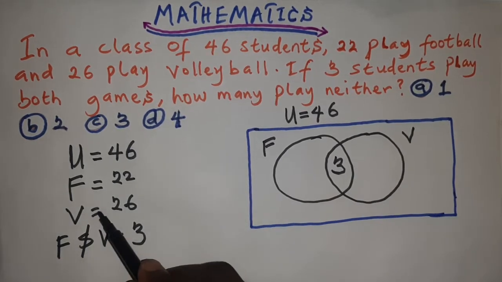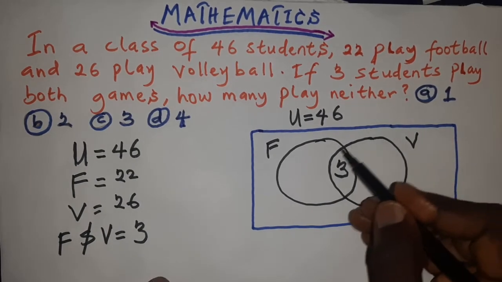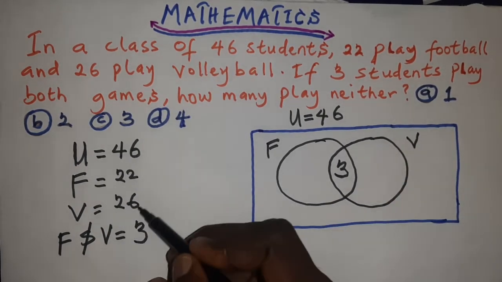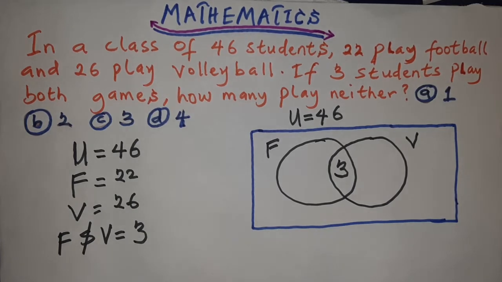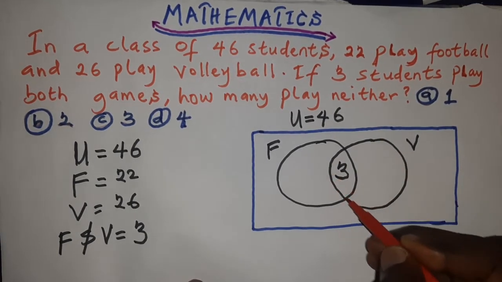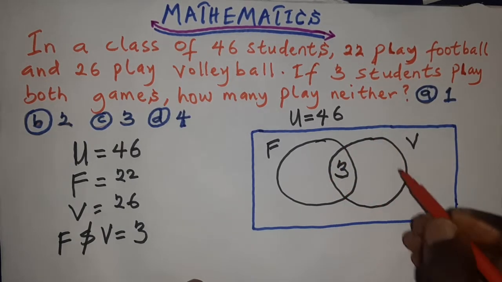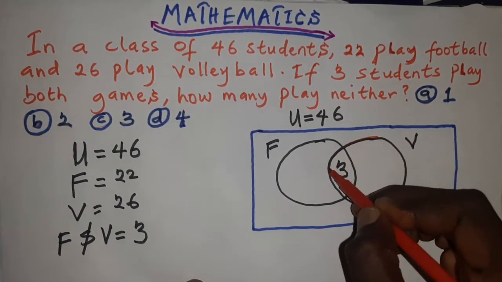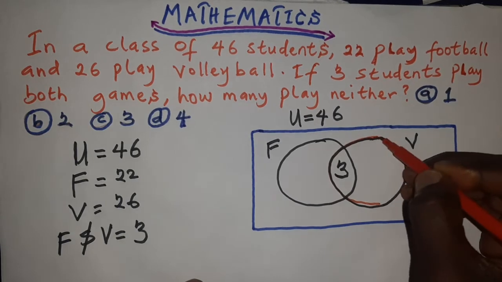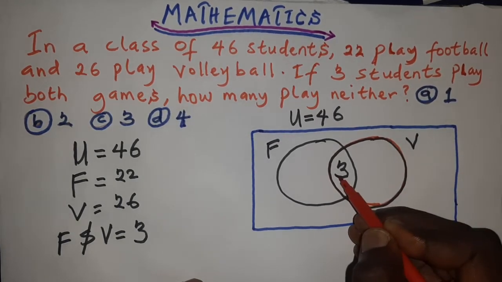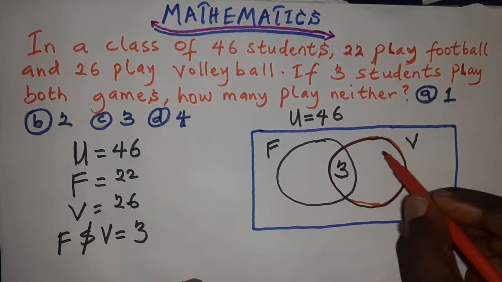And the next one is volleyball. So this is the circle for volleyball. And they say a total number of 26 play volleyball. And mind you, this is the whole circle for volleyball. So everything in this circle should be 26. If everything in this circle should be 26, and I already have 3 there, it means I need to put 23 here.